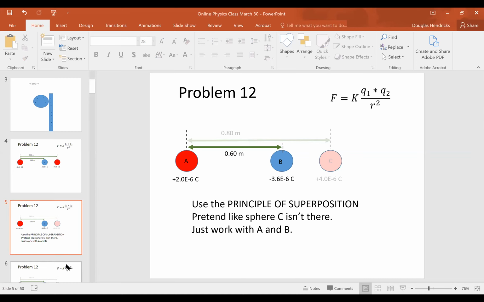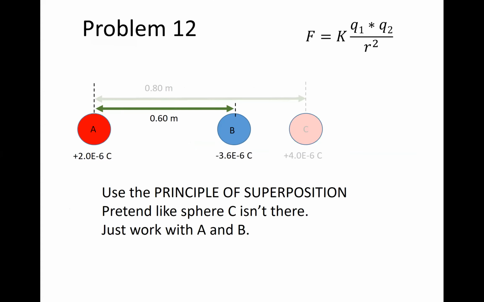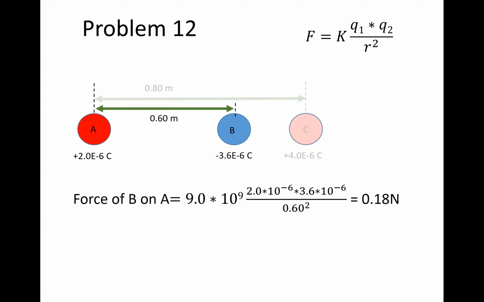Let me go back to full screen mode here, if it'll let me. Okay, I'm back in full screen mode. Those are the only two objects in the world as far as I'm concerned right now. Then I use Coulomb's law, and I can calculate what the force on each of these objects is.